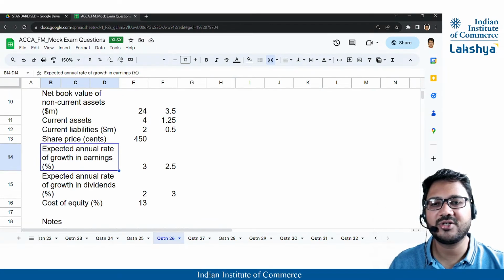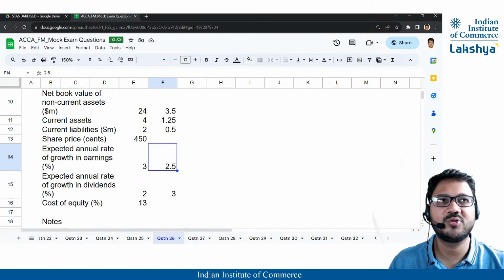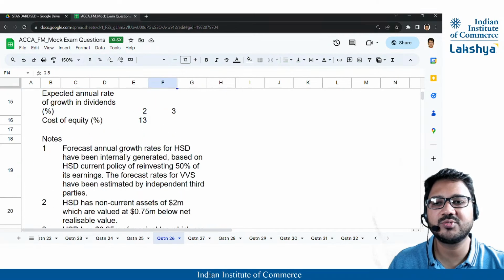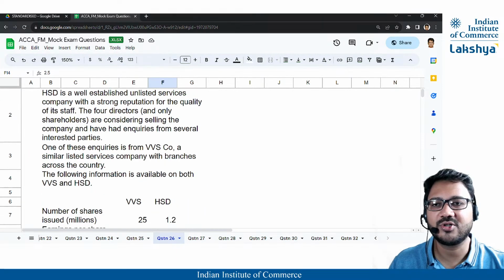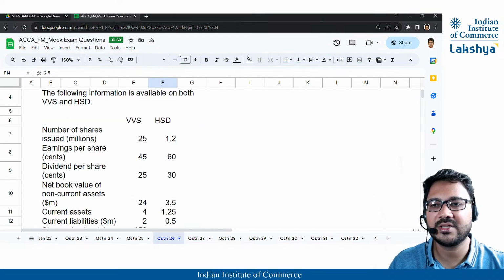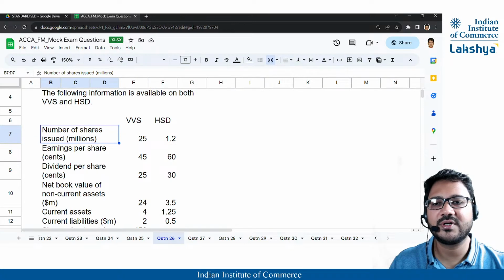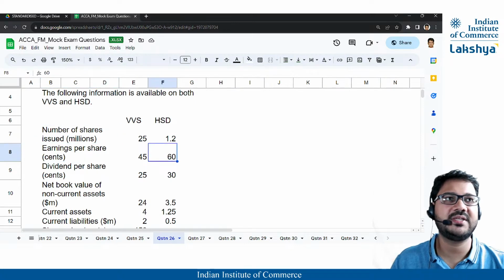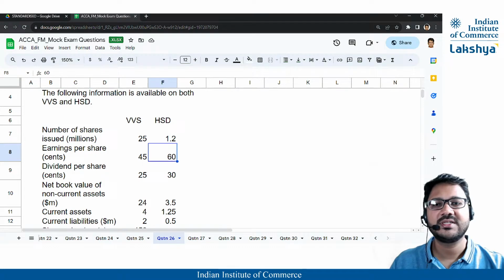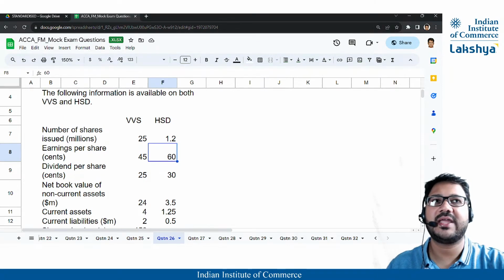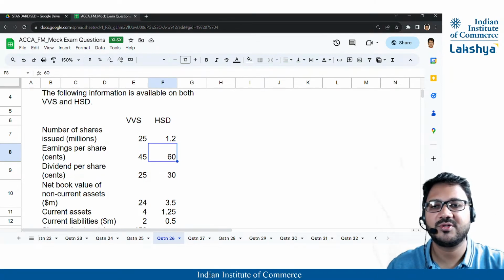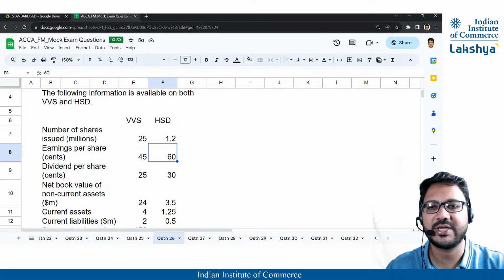The estimated growth in earnings for HSD is 2.5%. Now we have earnings per share of 60 cents. If we want to calculate our entire profits, it is 60 cents times the number of shares.